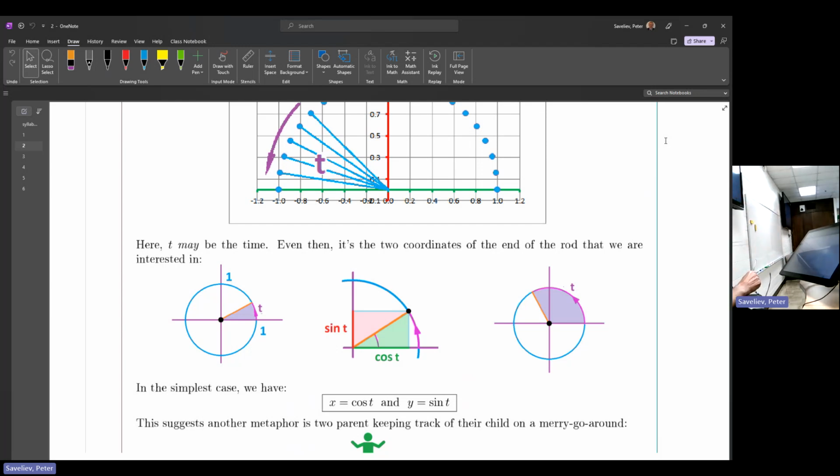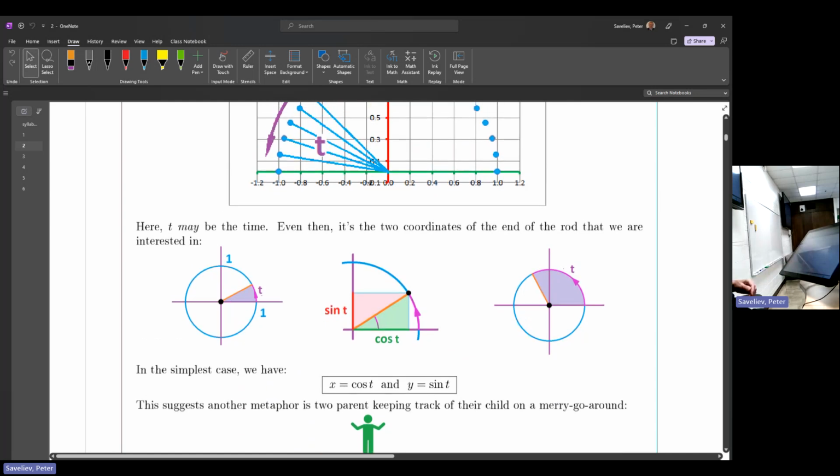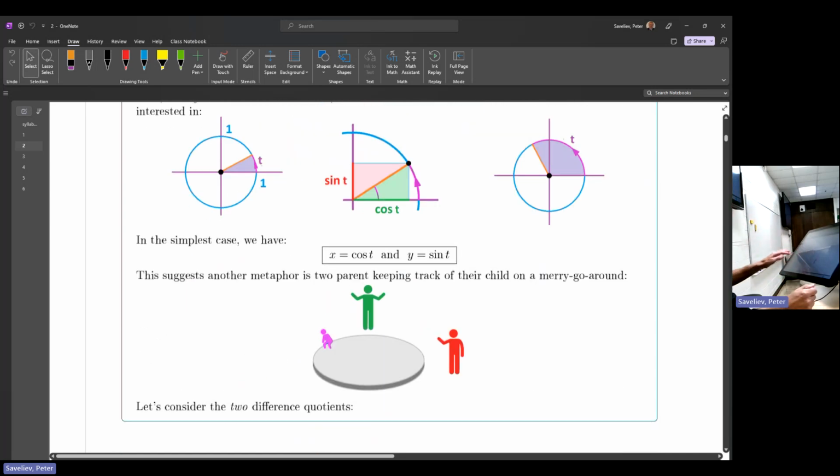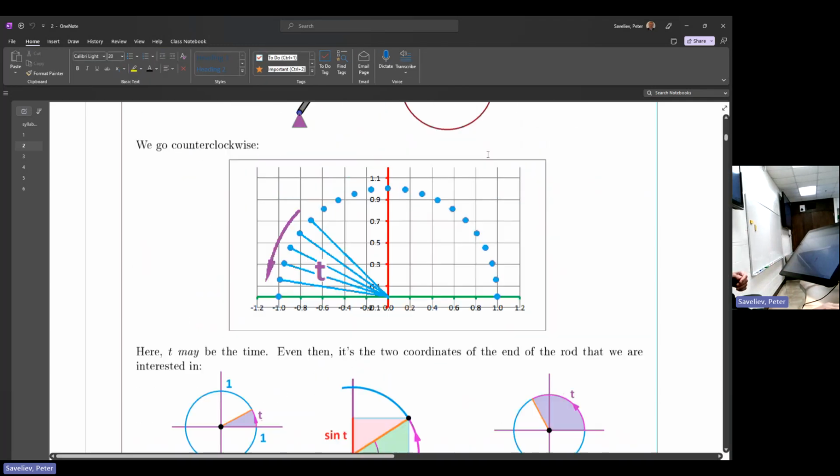Once the rotation goes beyond 90 degrees, the triangles are out, and so we have to look at the actual angle in these two coordinates, x and y, that depend on t. There is no triangle anymore to speak of, and we speak of projections or coordinates of that point, and on the x-axis we have cosine, on the y-axis we have sine. That's all good. So we will describe it this way.